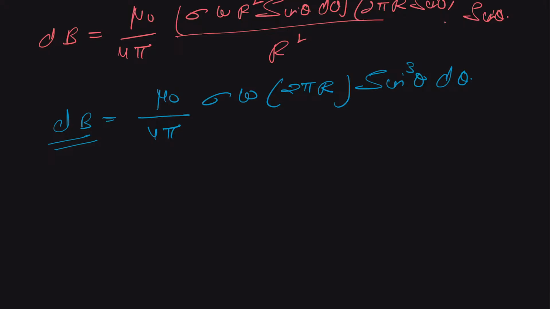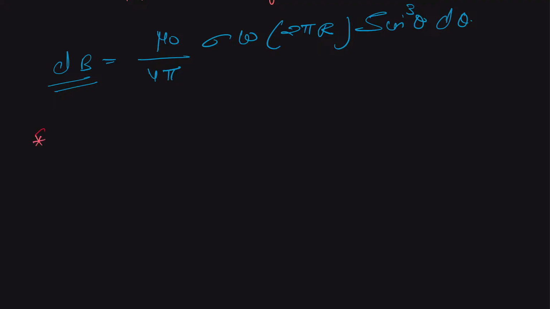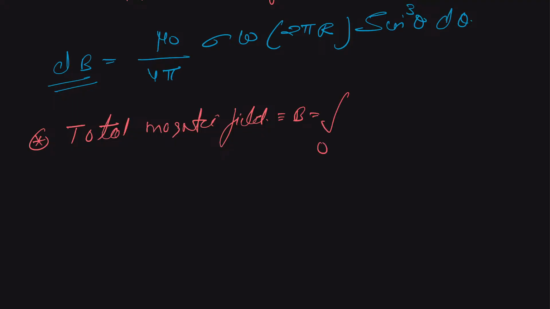Okay, now we are going to do it for n number of rings and integrate it from theta 0 to pi. So you can say total magnetic field, that is B, is equal to integral 0 to pi dB.